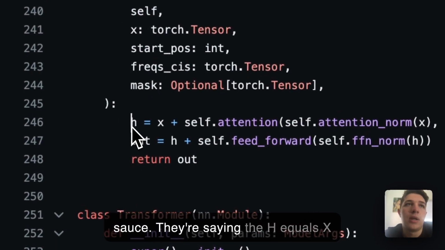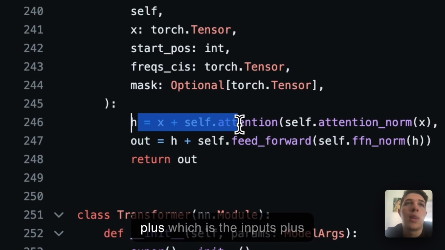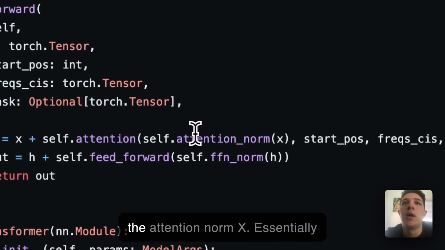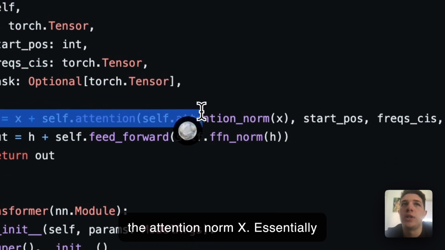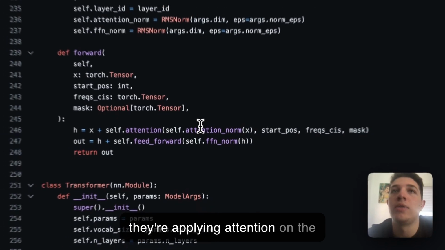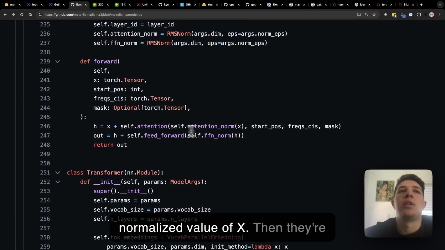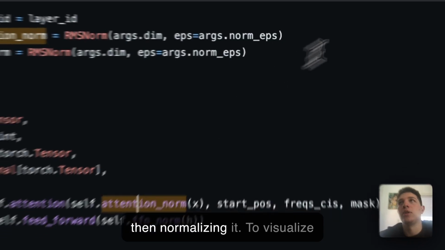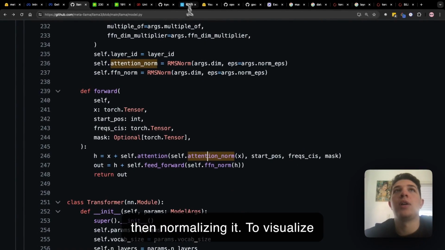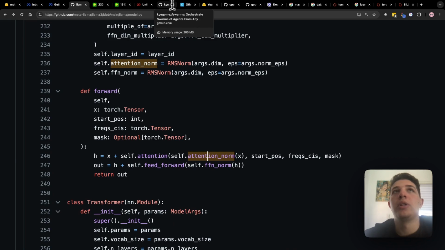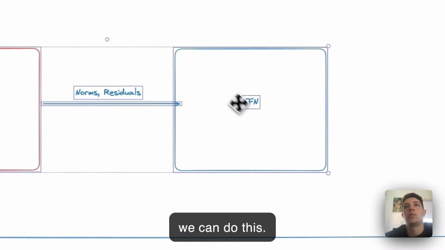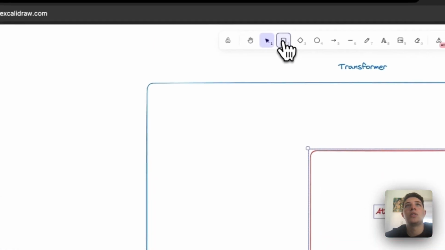They're saying H equals X plus, which is the inputs, plus self-attention of the attention norm X. And so essentially they're applying attention on the normalized value of X, and then they're adding this with the feed forward and then normalizing it. And so to visualize this, we can do this. Let's say this is the input tensor.